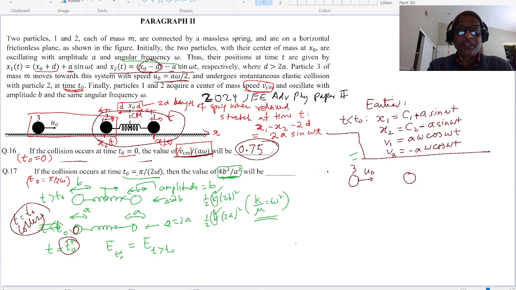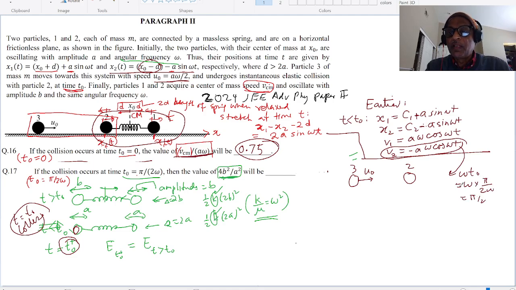So if I look at this velocity formula, this is number 2. What's this velocity? Well, v2 at omega t0 becomes omega times pi over 2 omega, which is pi over 2, and cosine pi over 2 is 0. So v2 equals 0.